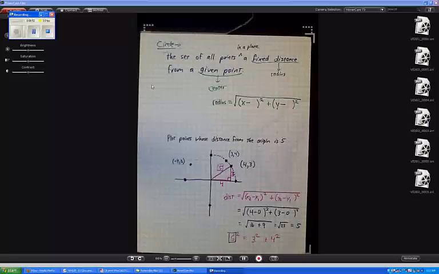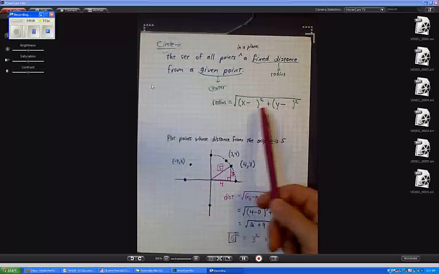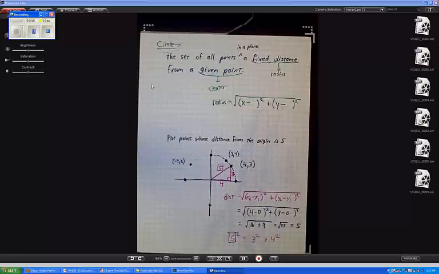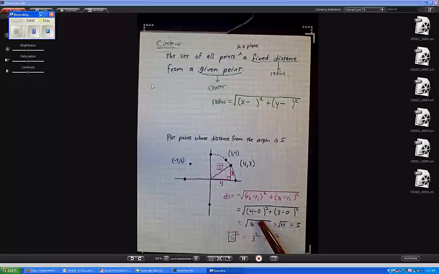Why did I say leave it blank for now? Well, in our problem, what did we put into those blanks? In our problem, we put the origin, so what did we put? 0 and 0, right?